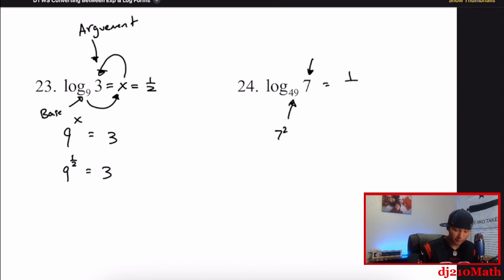This is going to equal 1/2, for the same exact reason as 23, right? 49 to something equals 7. Well, it'd be 1/2 because 1/2 is a square root. And so the square root of 49 is 7.